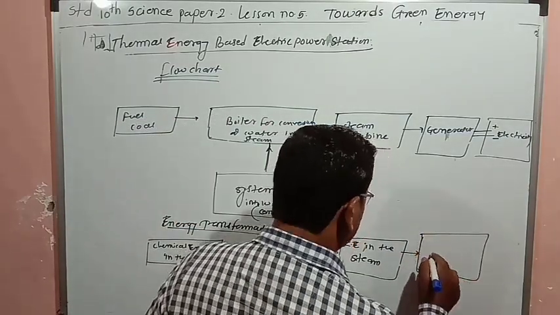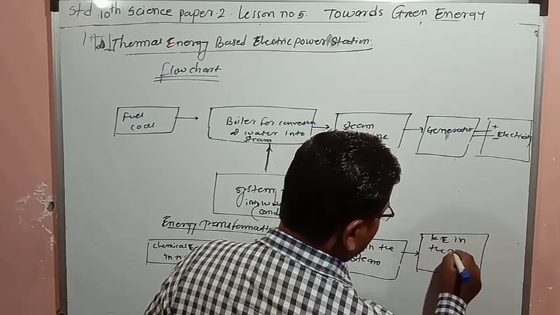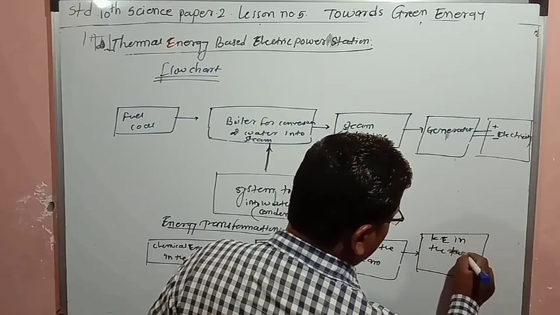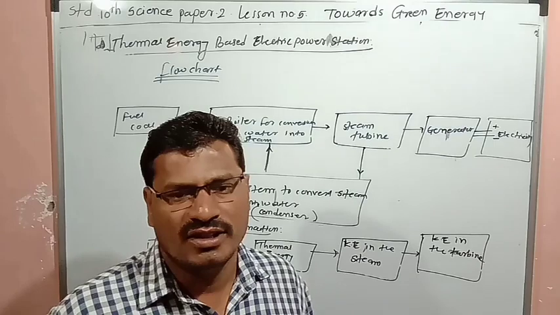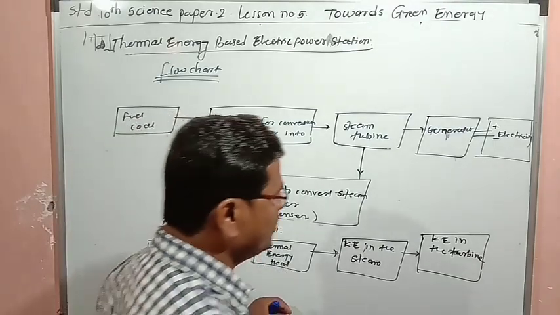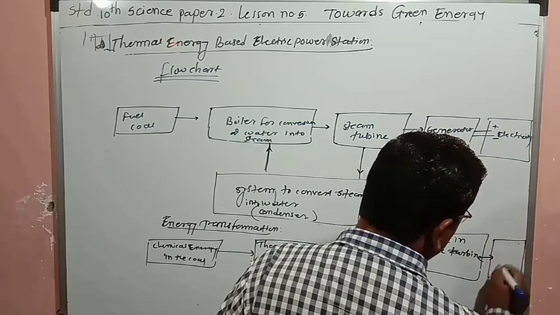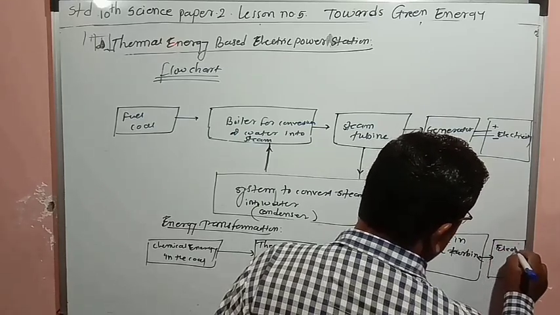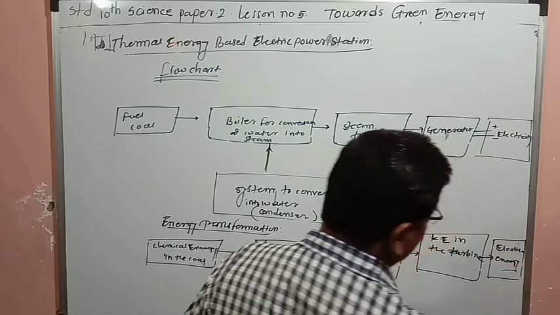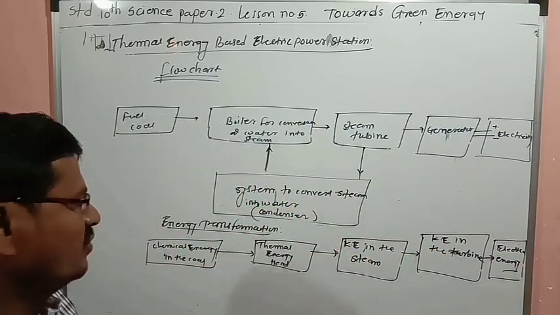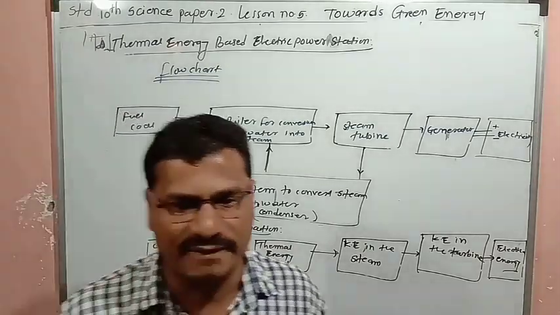It is used to rotate the turbine, so there is kinetic energy in the turbine. Then the kinetic energy of the turbine is finally converted into electrical energy. So in this way, one form of energy is converted into another form of energy.